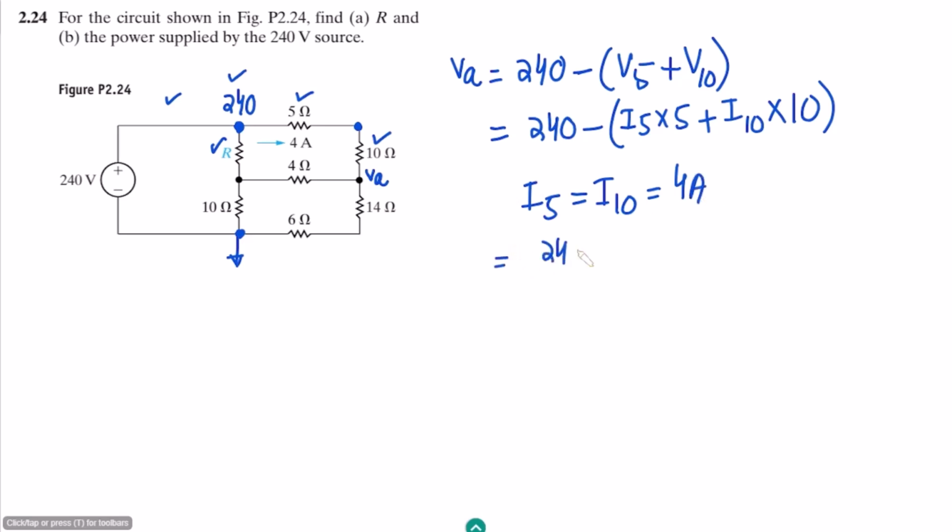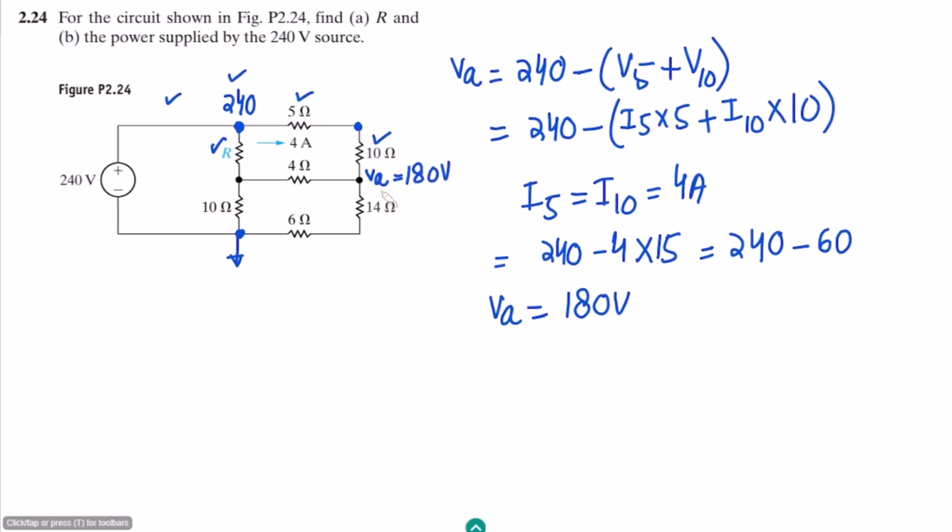It will be 240 minus 4 times (5 plus 10), which is 15, so 240 minus 60. So the value of VA is 180 volts.